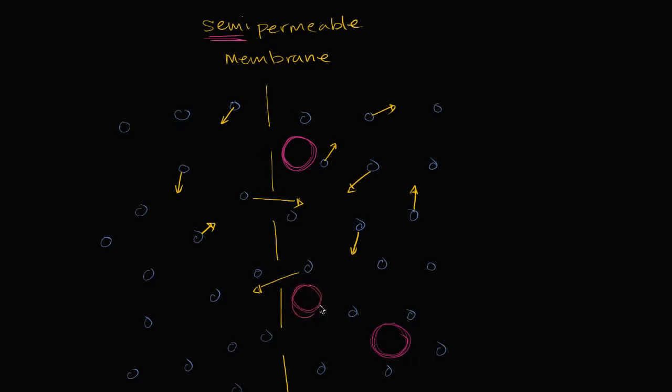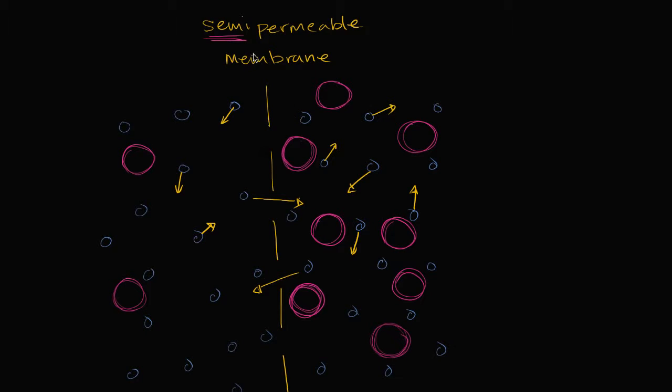So let's throw some solute there, and actually I'll throw a little bit of solute here too. I'll do one or two particles right over here, but I'm going to do many more over there on the right-hand side. So we have a higher concentration of solute on the right-hand side.